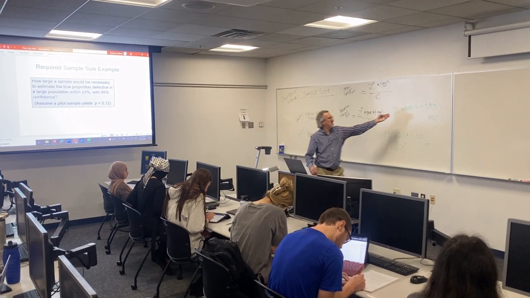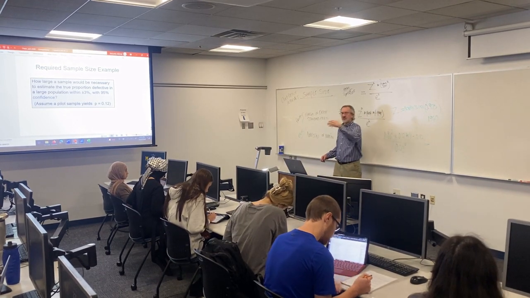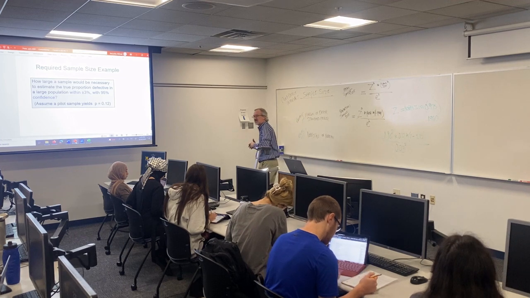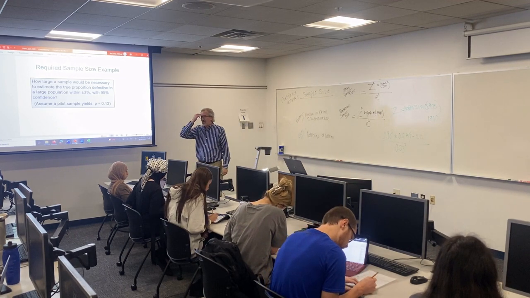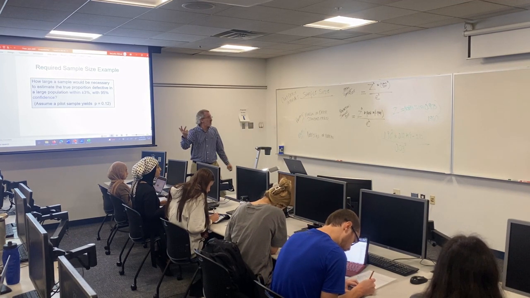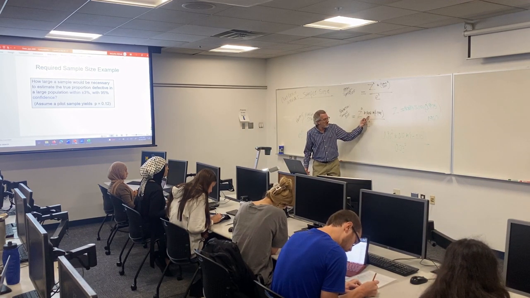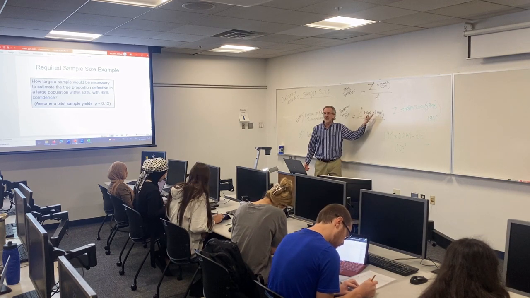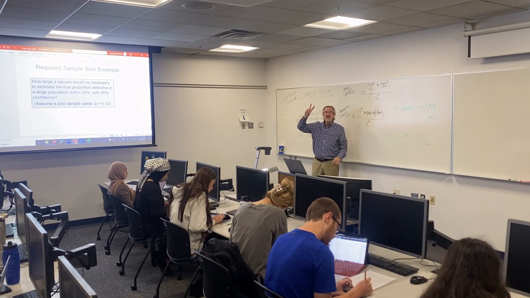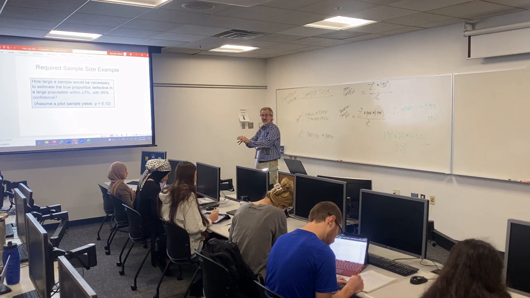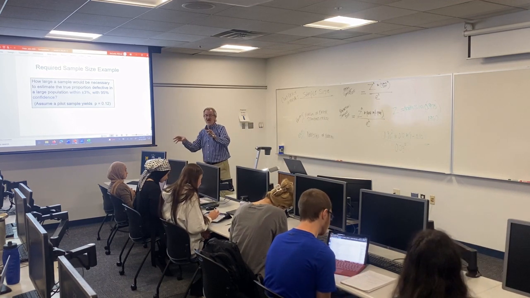Showing me this Excel equation to get your Z, setting up this equation to get the sample size number, then you do the math. You're going to show me at least 2. You could show me Z squared, you can show me E squared, or you can show me 12% times 1 minus 12%. I need to see at least 2 details of math between the setup and the answer.